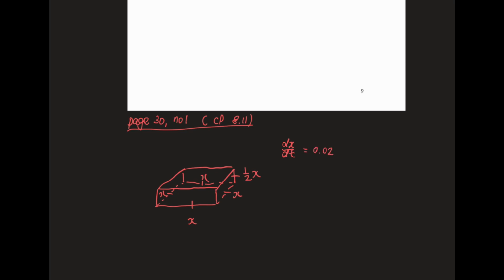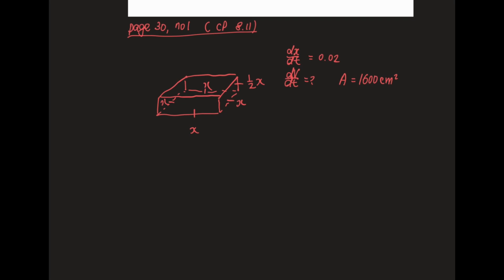Find the rate of change of the volume of the cuboid, that means find dv dt, when its total surface area is 1600 cm squared.